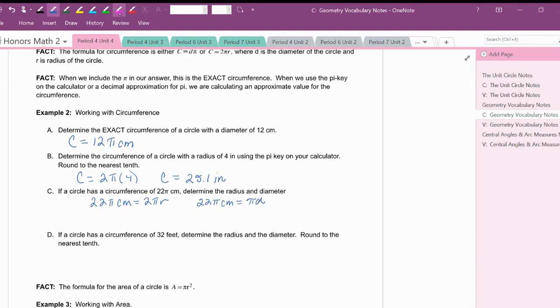And then we just solve for the variable. So we have the radius is 11 centimeters and our diameter would be 22.